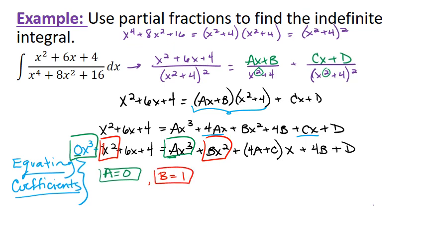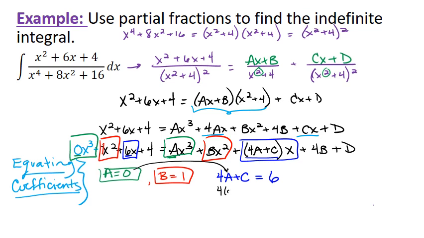Now, of course, it's not always going to be this easy, because if you look at this, things are a little more complicated. Well, if this coefficient is 6, then that means that this also has to be 6. So I need 4a plus c to equal 6. Okay, well, I know that a is 0, which means c must be 6.